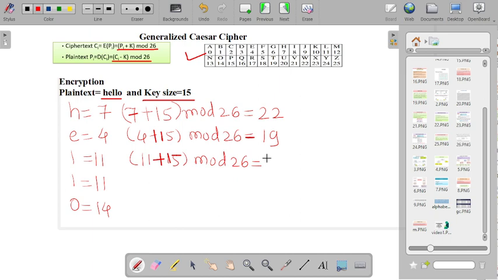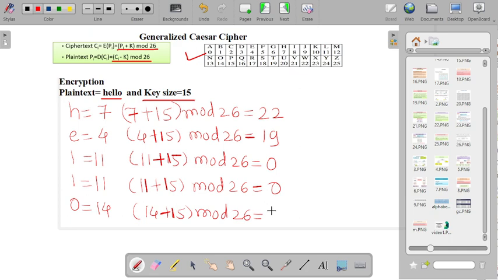So 11 plus 15 we got 26, and 26 mod 26 gives the value 0, because 26 mod 26 is equal to 0. And then 14 plus 15 mod 26. So now 29 mod 26 is equal to 3.